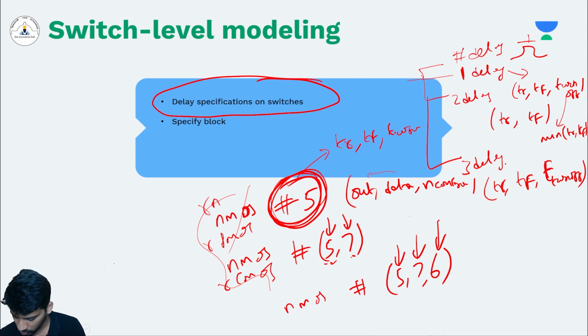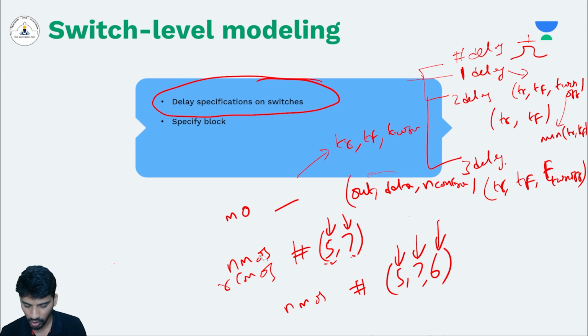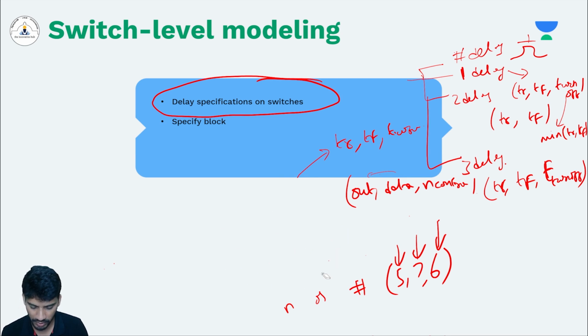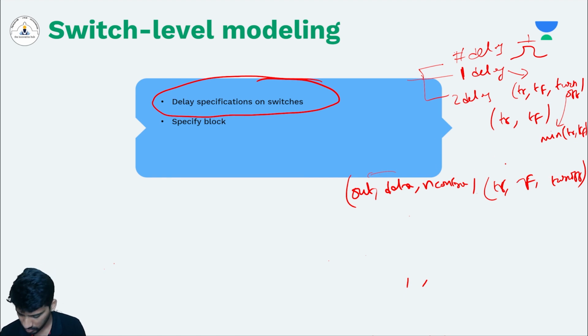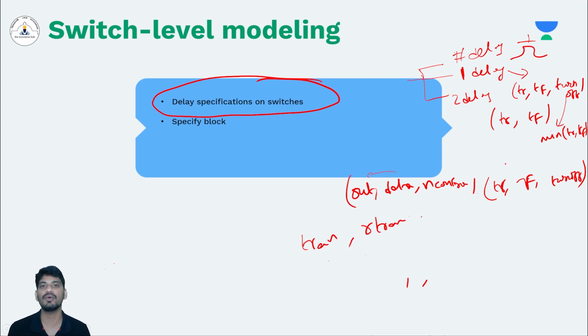But let's see how to give delays for transmission gates, tran gates, the bidirectional gates. In case of bidirectional gates, tran and rtran cannot have any delay specification, because their prime purpose is to pass the signal as it is without any delay.